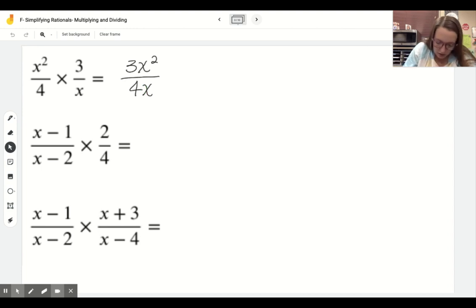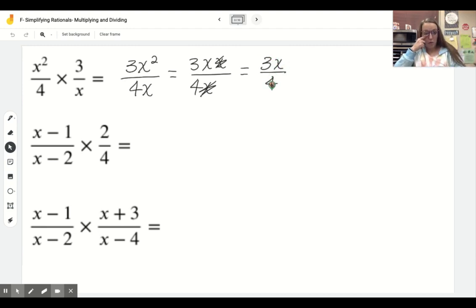Remember that x squared just means x times x. And so we can cancel out one of those x's, and our most simplified answer is going to be 3x over 4.